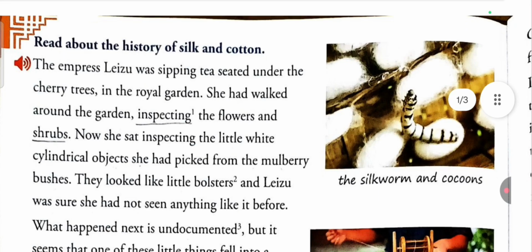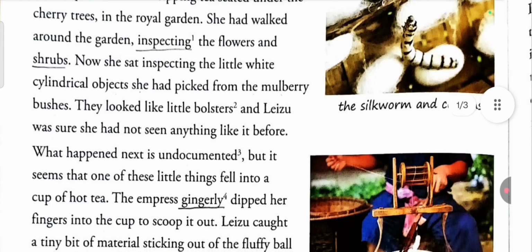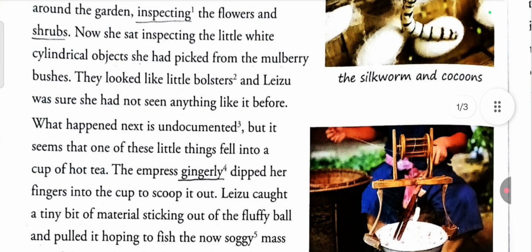She picked all those objects from the mulberry bushes. They looked like little bolsters, and Lizu was sure she had not seen anything like it before. So Empress Lizu had never seen something like this in the garden.